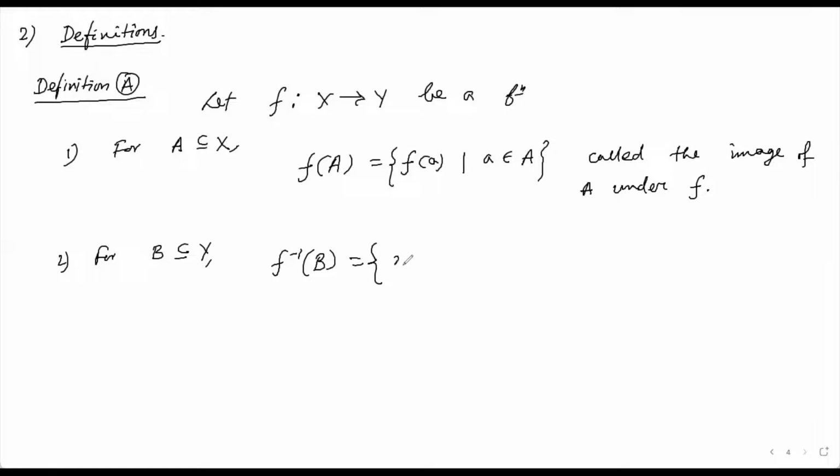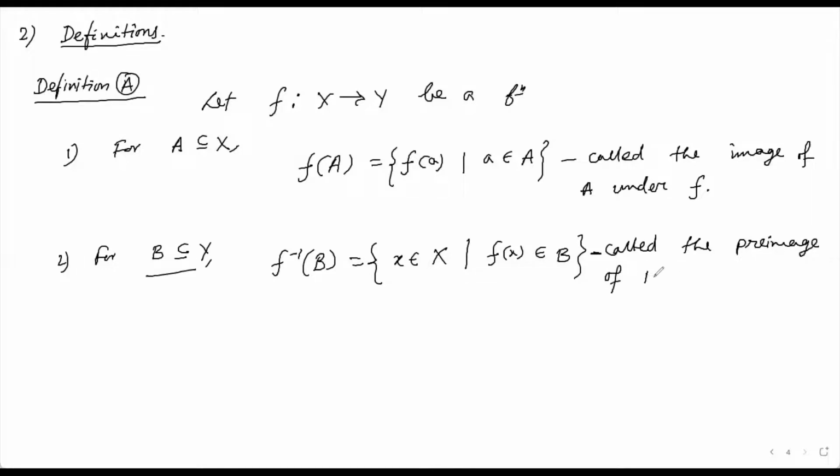So it is the set of all points x belonging to X, the domain of f, such that f of x belongs to B, where B is a subset of the codomain Y. And this is called the pre-image of the subset B of Y under the function f.